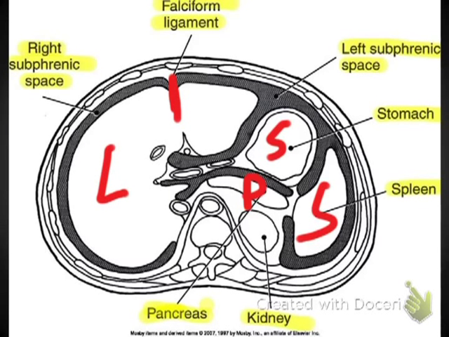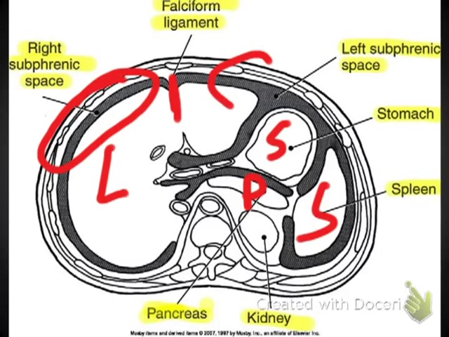We have the right subphrenic space, the left subphrenic space, and this is going to become essential for us to understand, because as we'll see, a lot of times ascites will actually accumulate in these spaces here surrounding the liver. So just know that this area here is the right subphrenic. This is the left subphrenic space. So just keep those in mind.